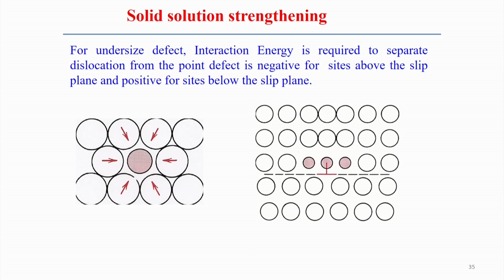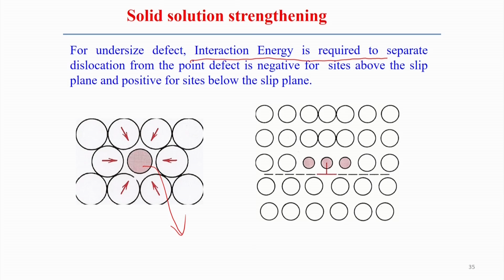If we see in the undersize defect, the interaction energy required to separate dislocations from the point defect is negative. So if you see that interaction here, it is the undersize defect.